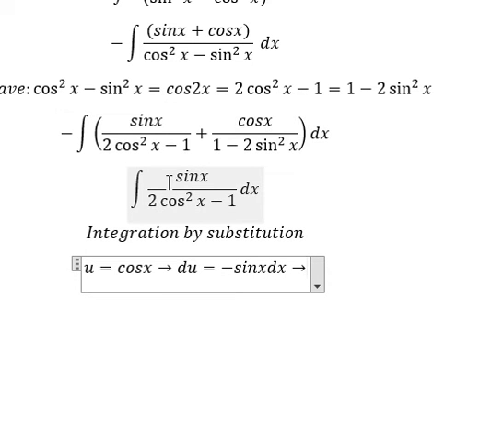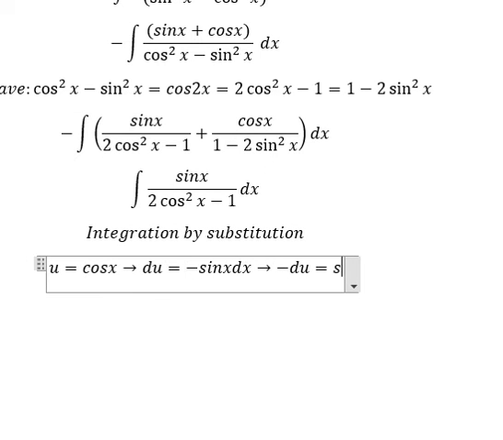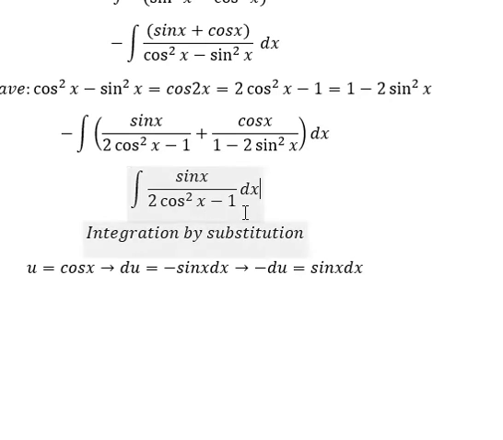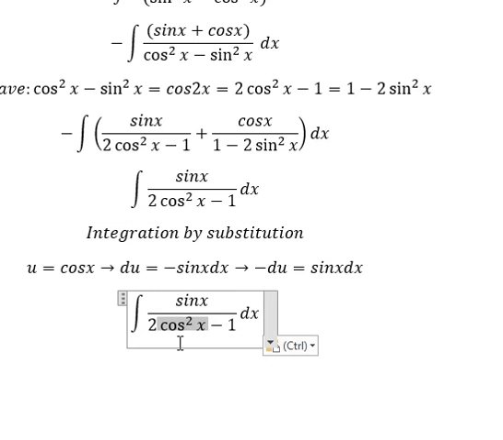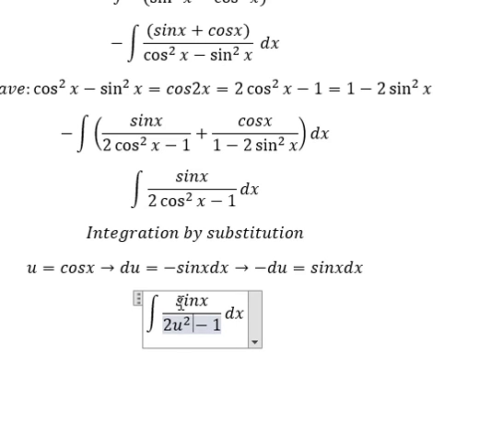Because we don't have the negative sign in here, I will put this one go to the left. So this one we change for u. Sin x dx we change for negative du.